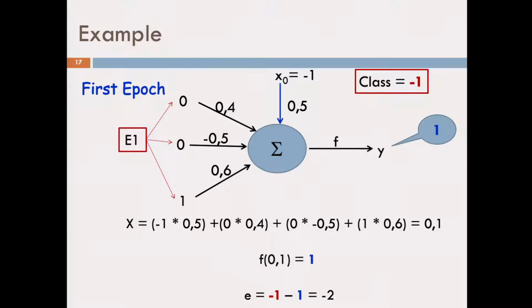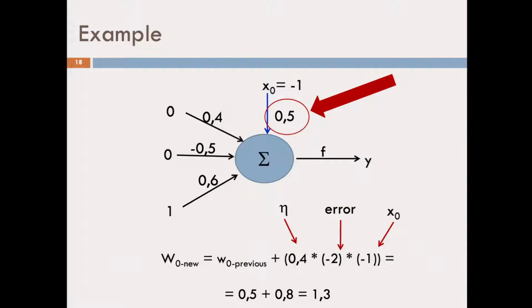Now we have to calculate the error of the perceptron in this instance. So we have to calculate the desired output minus the predicted output. So we have an error of -2. Now we are going to get this error, -2, and use it to correct the weights of the perceptron.